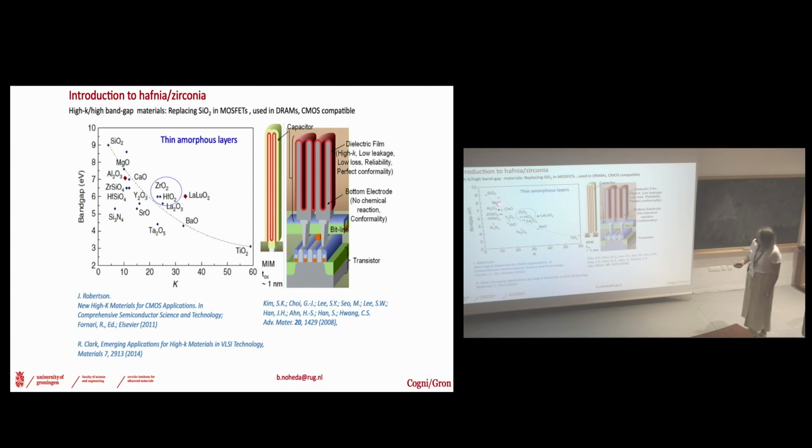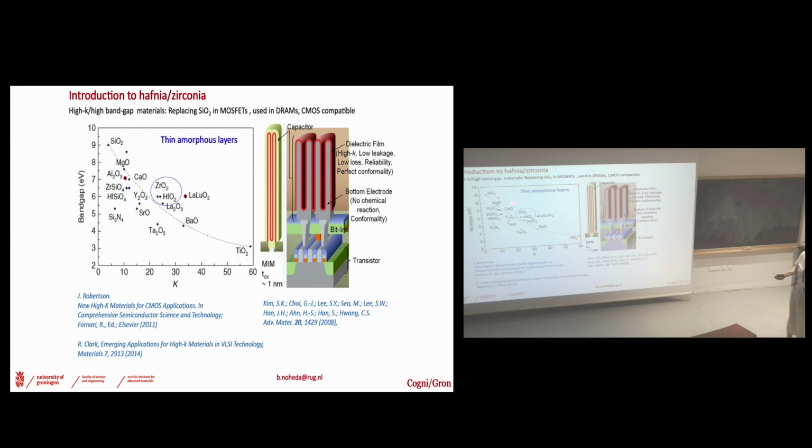So hafnia is actually a very interesting system, but a bit boring. Or it was a bit boring. As an amorphous layer, it was used since 2005, approximately, in the fabrication of transistors, substituting the silicon oxide. So K is the dielectric permittivity. The dielectric permittivity of silicon oxide is not that great, so miniaturization was limited by that.